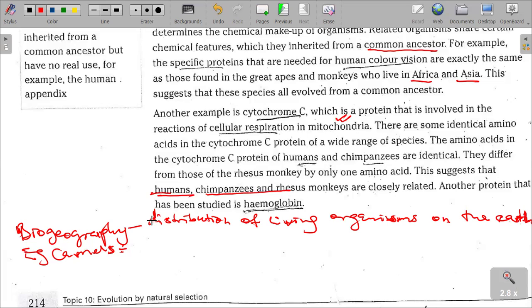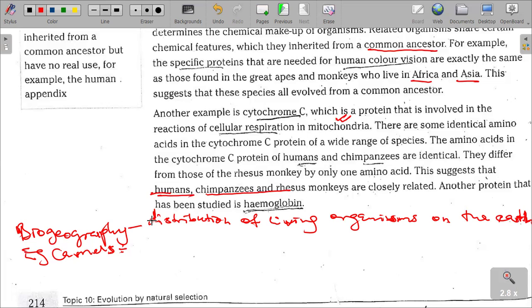Once the camels reached these different places, they evolved differently. When the camels migrated from North America, some went to East Asia, some to South America, some to Africa.